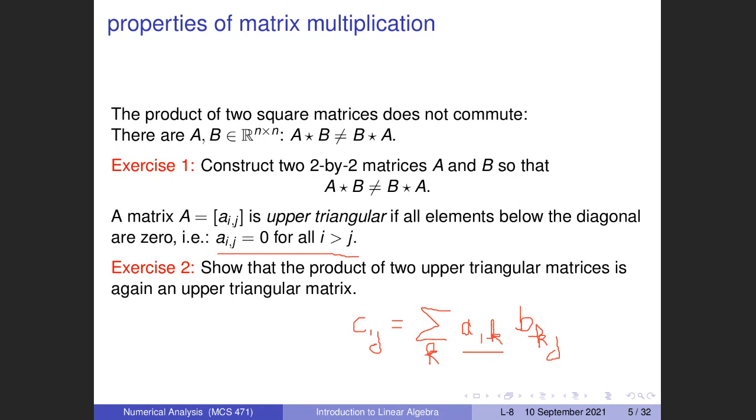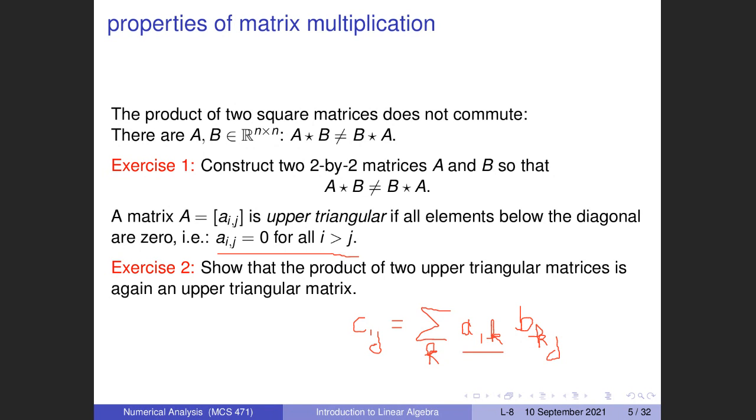There are many ways to show this. You can work with the formulas for Cij. What will come out of this is that whenever you are multiplying with 0, that's a term that you can ignore in the summation.